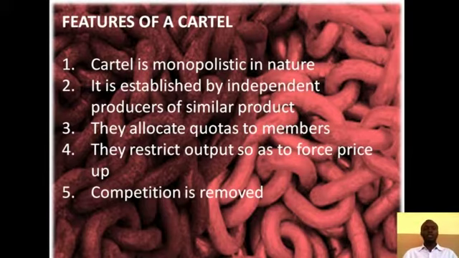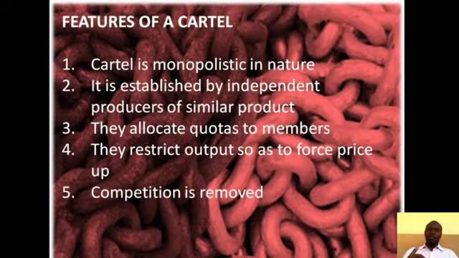Five, competition is removed. Given the fact that they produce similar products, you can imagine if they are not under a singular body, what would happen is that there is going to be unhealthy competition. When there is unhealthy competition, a lot can happen.